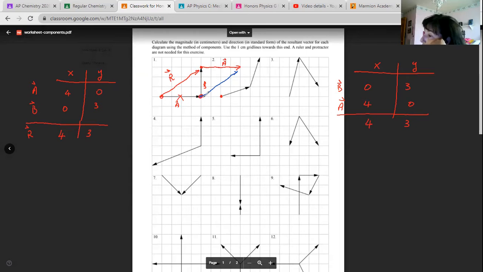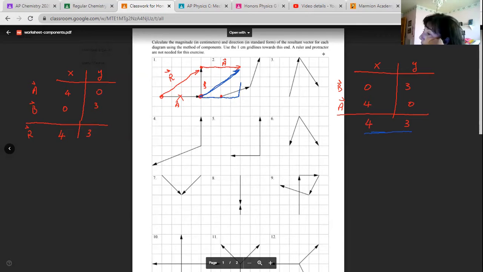And this vector still has component 4, 3. So it's still this vector here. It's parallel to this one, has the same magnitude. So those two vectors are exactly the same vector. So it doesn't matter which road I take.